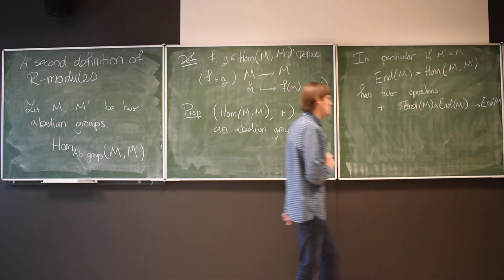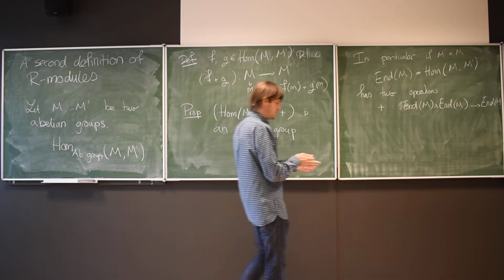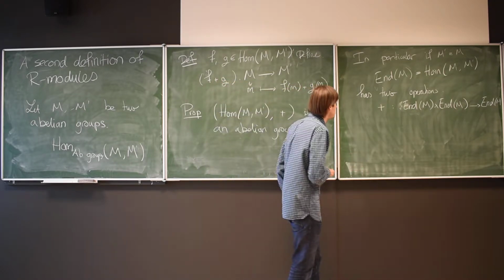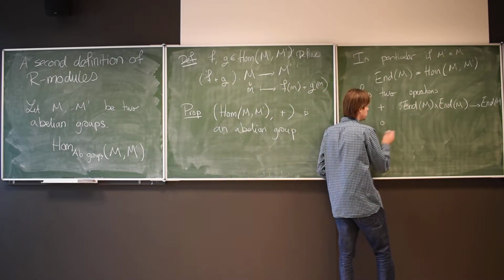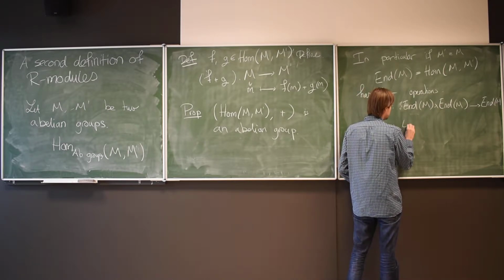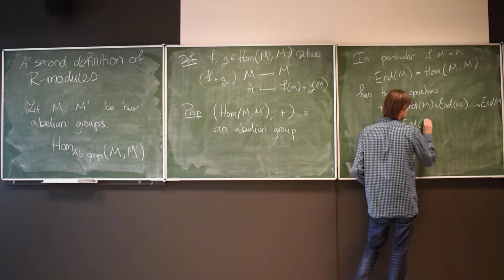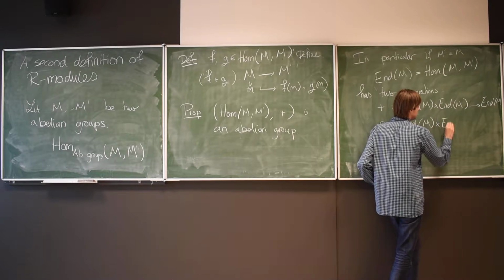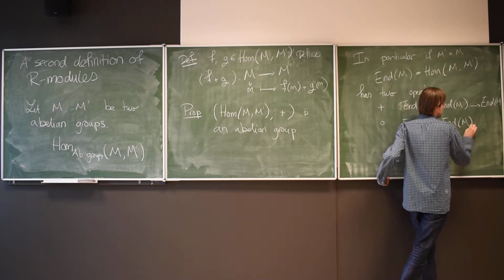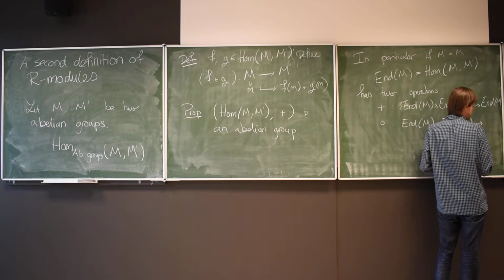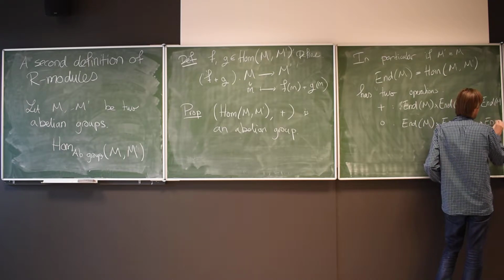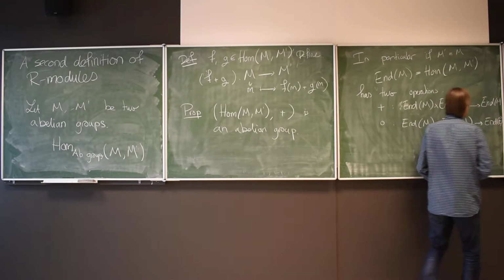Right, so I can sum two endomorphisms just pointwise. And I also have this composition, which I have in any category. So if I have two morphisms from M to itself, I can compose them and get a new endomorphism.